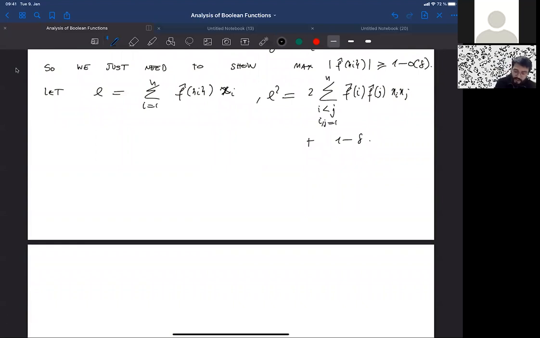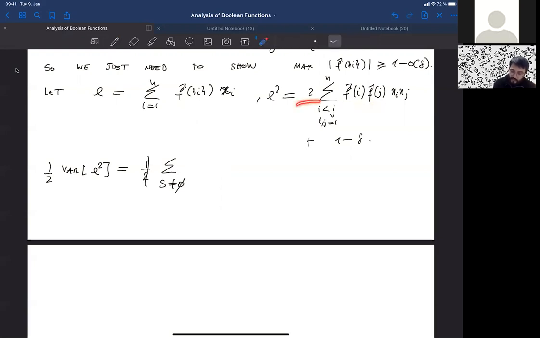And so the whole point now is to compute this variation. That's the idea. And what is this variation? Well, we do know that this variation is the sum of the squared Fourier coefficients for S not empty. But this guy only has these Fourier coefficients, okay? And so this would be exactly the sum of the squares of this guy.